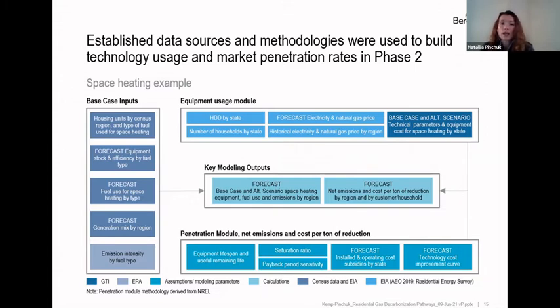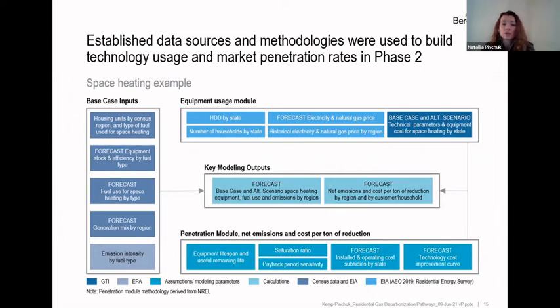And we try to forecast, given the heating degree days between now and 2040 and what the requirement is going to be for each region, how much you'll be using that equipment to provide space heating for you.